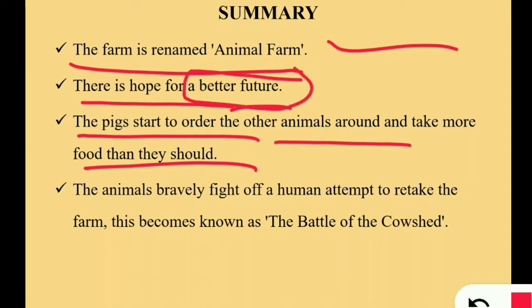It is because they have thrown away the tyrant Mr. Jones, and they are thinking of getting a better leader for them. They thought that they will get somebody better than Mr. Jones.